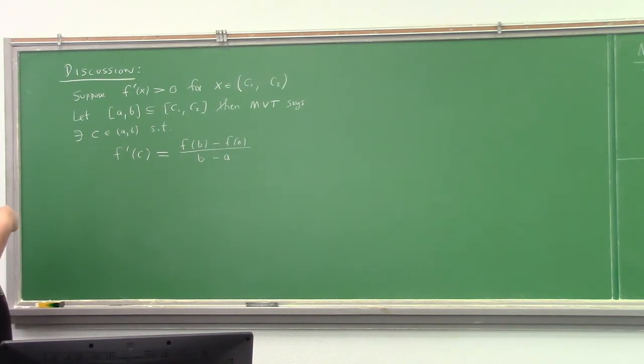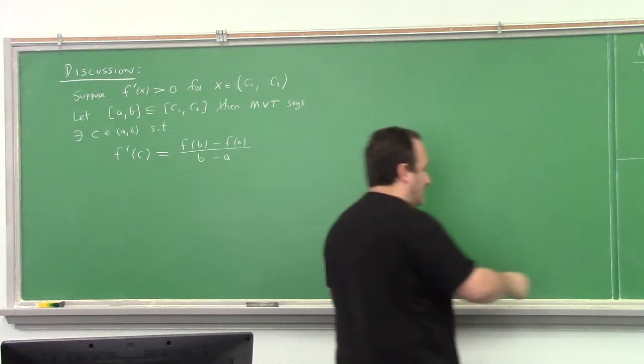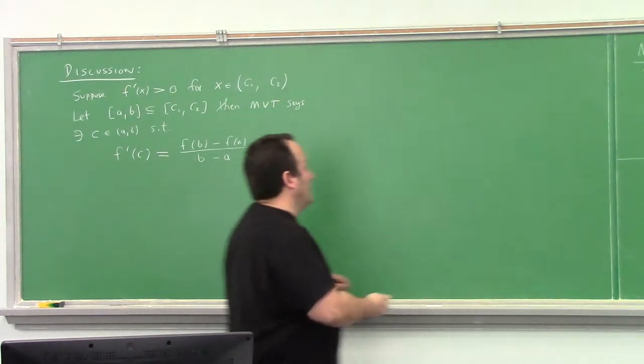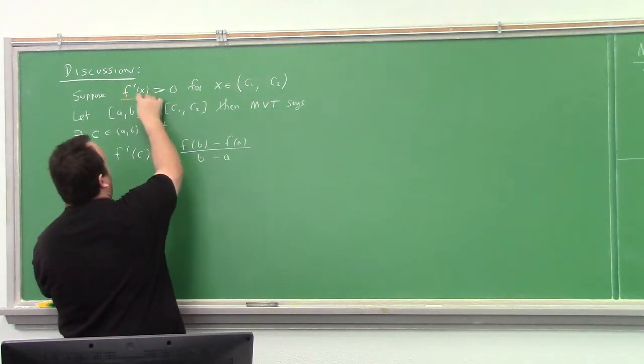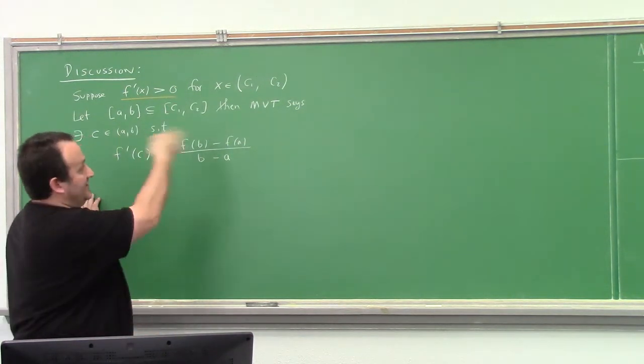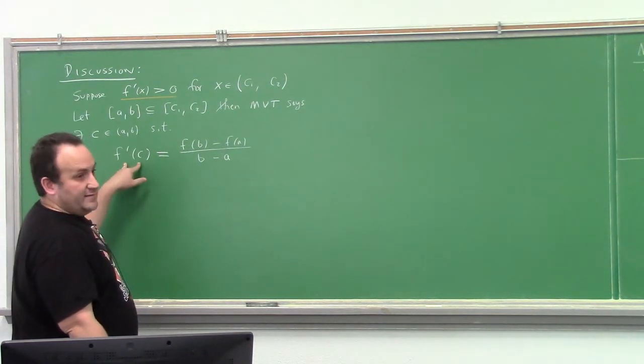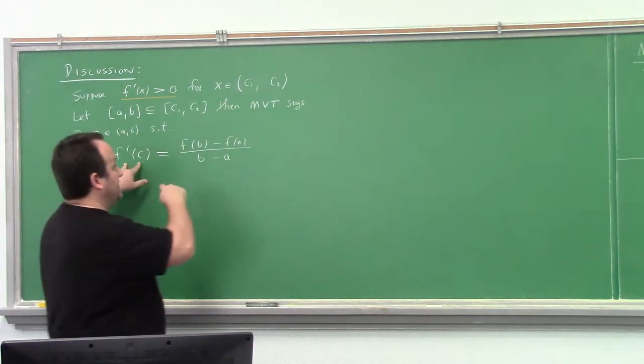But what did I assume here? At the moment, I've assumed that f prime of x is greater than 0 for all x in that interval. So if it's true for all x in C1 to C2, it's certainly true for f prime of c, right? So this is greater than 0.